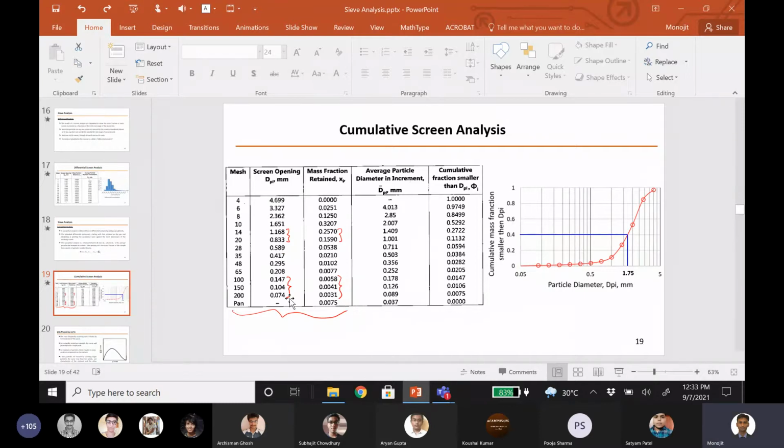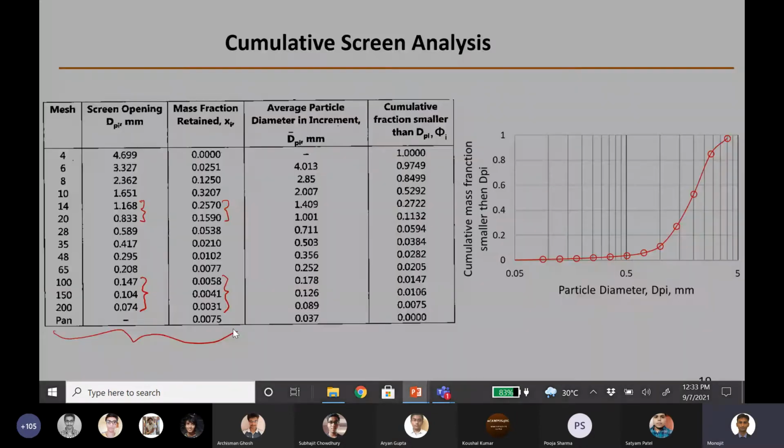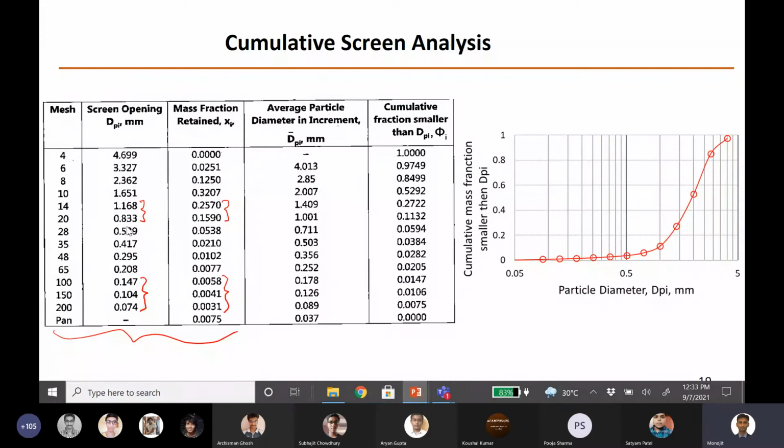It's not written that it's smaller than that screen. The fraction is not given, the mesh number is given. That's why you have to stop before that for this problem. This is the difference between this table and that table, because of the way it was represented.